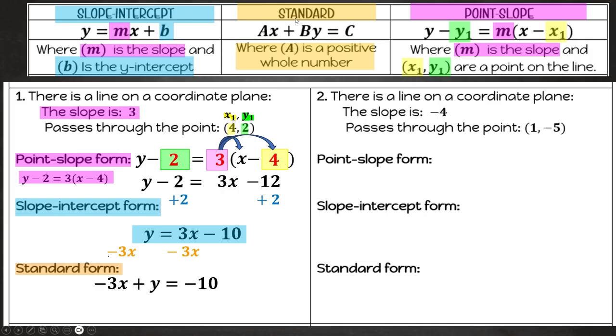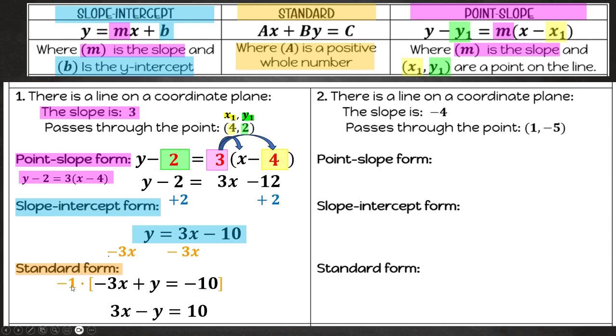But note that in standard form, the a must be positive and a whole number, and we have negative 3. So to make this a positive coefficient, we're going to multiply the entire equation by negative 1. So we now have 3x minus y, because negative 1 times a positive y is negative y.